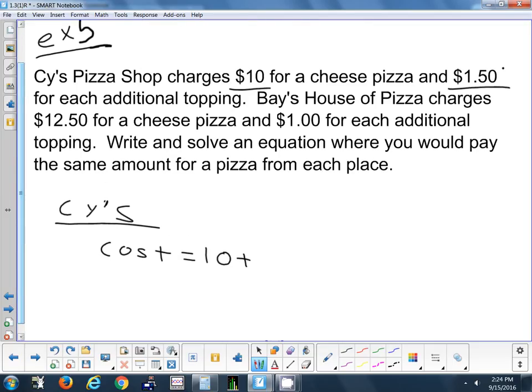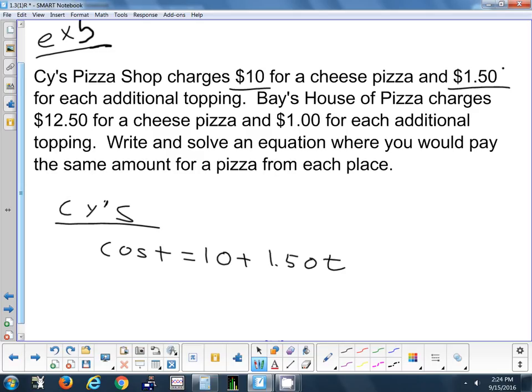So anybody know how I'm going to write that? You pay $1.50 per topping, so it's going to have $1.50 in it, but we also need a variable, depending on how many toppings we get. Yeah, sure. I think T is good because that represents toppings.